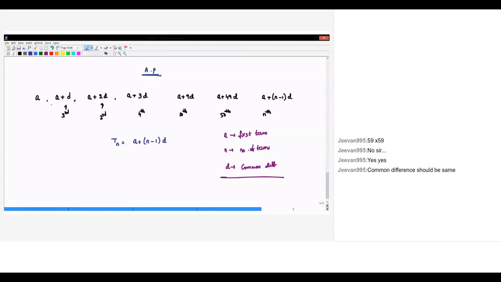If you assume that the nth term is the last term, a plus n minus 1 into d is equal to the last term. What is n minus 1? Last term minus first term by difference. Now what is n? Last term minus first term by the difference, plus 1.